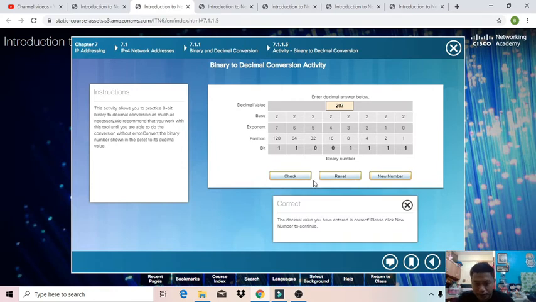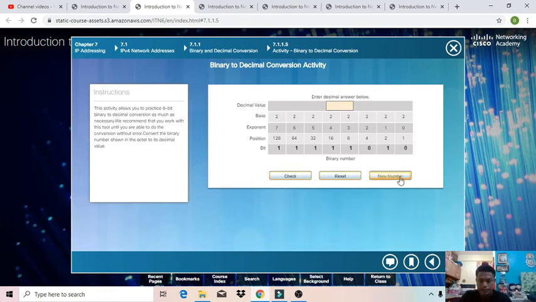Let's try another number. Same instruction. Let's try 128 plus 64 plus 32 plus 16 plus 8 plus 2. It's 250.